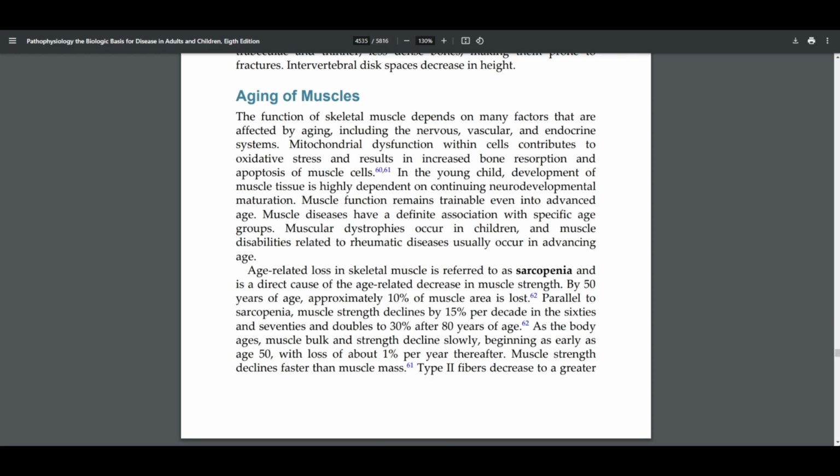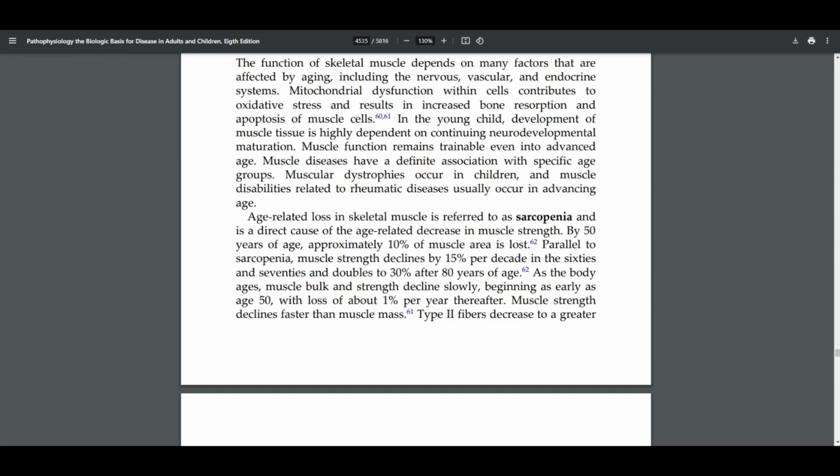In the young child, development of muscle tissue is highly dependent on continuing neurodevelopmental maturation. Muscle function remains trainable even into advanced age. Muscle diseases have a definitive association with specific age groups. Muscular dystrophies occur in children, and muscle disabilities related to rheumatic disease usually occur in advancing age.